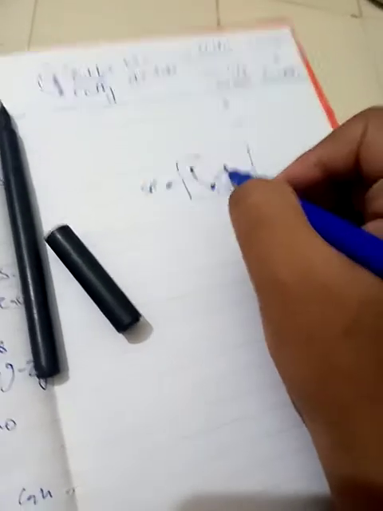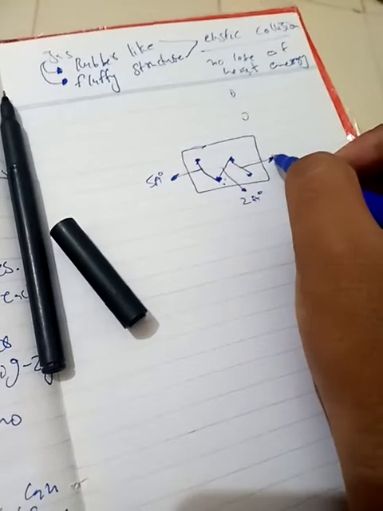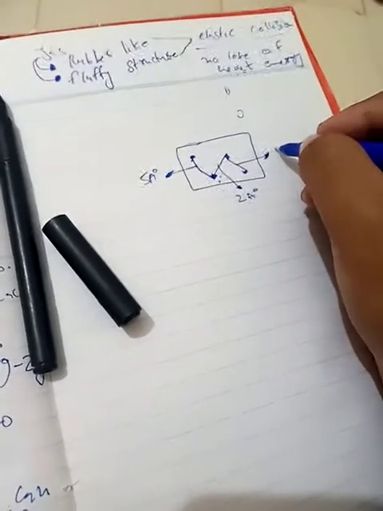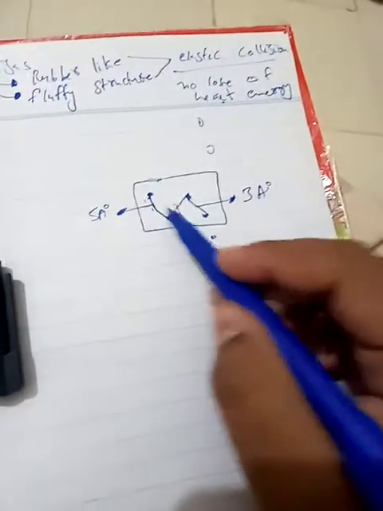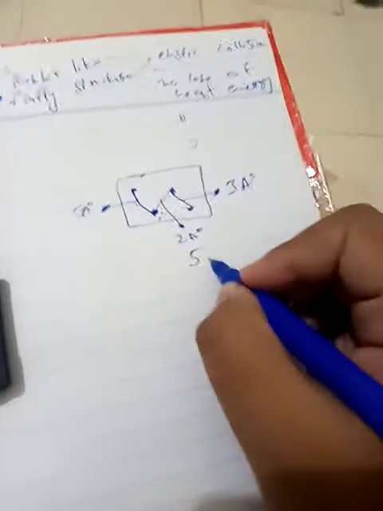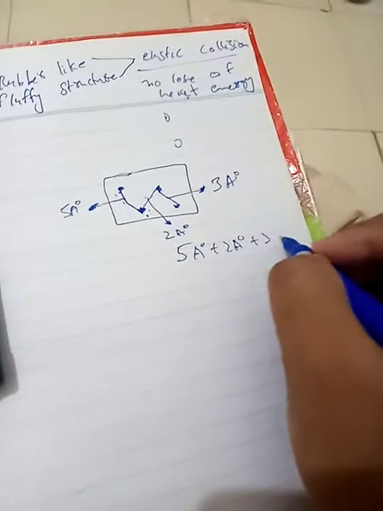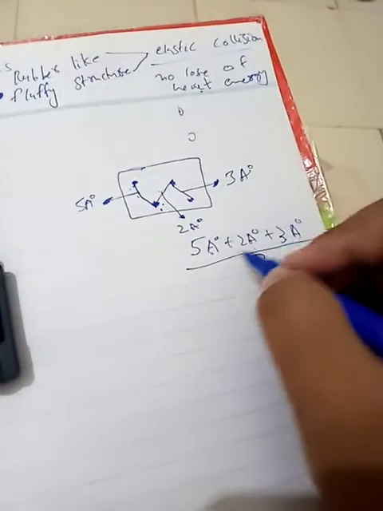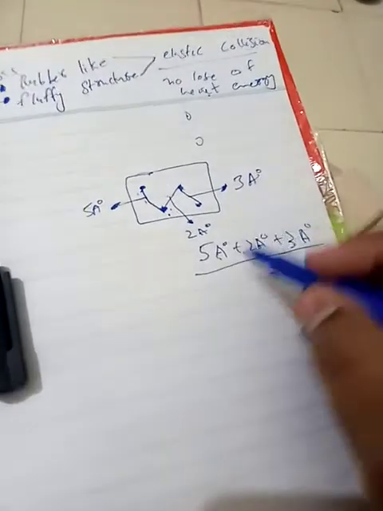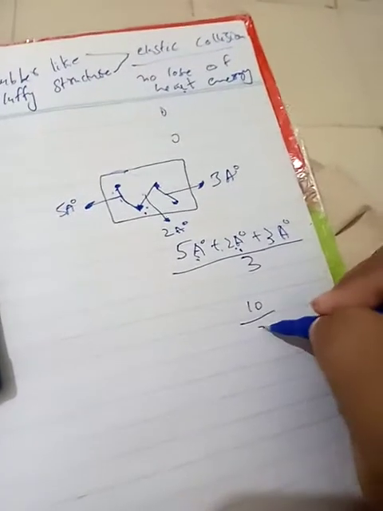Then moving to this side, suppose it takes a distance of 3 angstrom. Then to find the distance covered by this molecule, we find 5 angstrom plus 2 angstrom plus 3 angstrom divided by 3, because the number of distances is 3. So 5 plus 2 is 7, 7 plus 3 is 10, 10 upon 3.